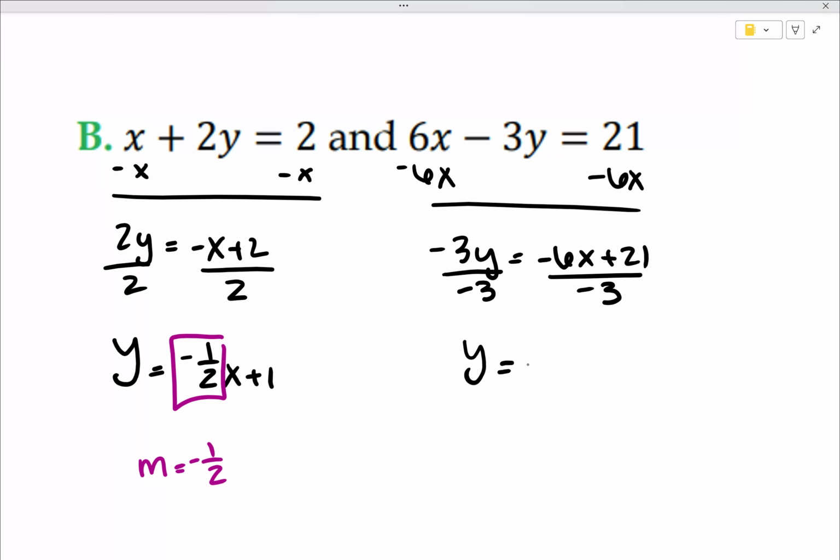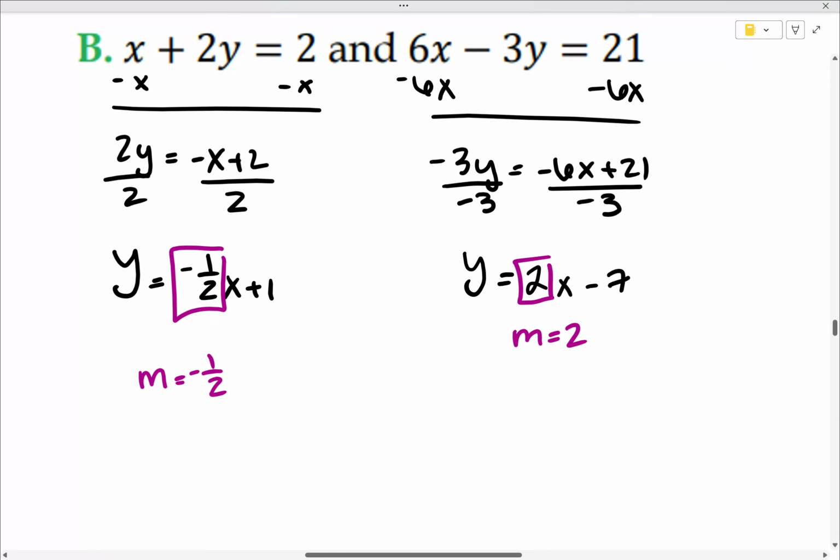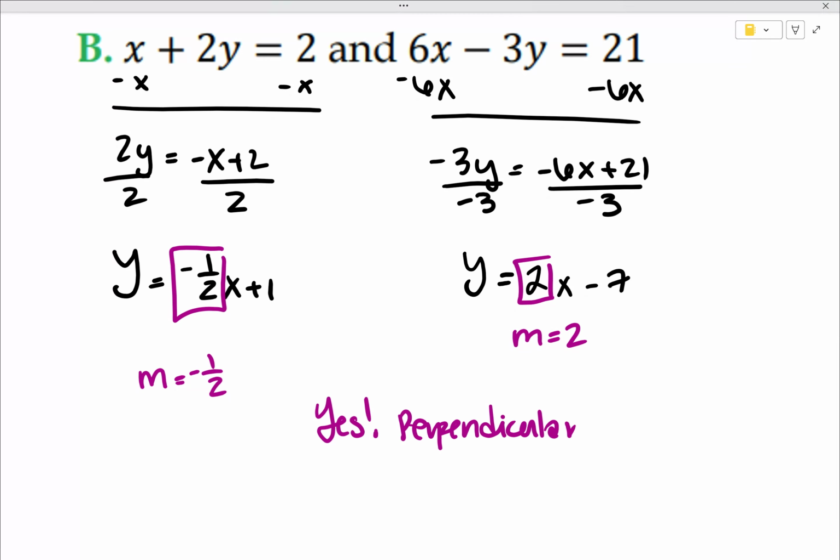We have y equals 2x minus 7. So my slope here is a +2. So if you did question B, yes, they are perpendicular. Our slopes are opposite signs, positive and a negative, and they are reciprocals. Because remember, any whole number is over 1.